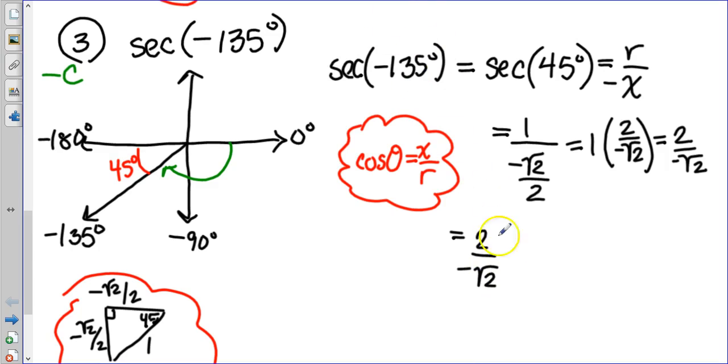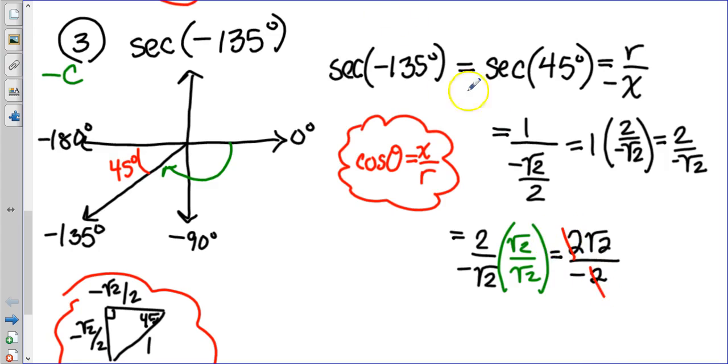So to rationalize, I will multiply by root 2 divided by root 2, which equals 2 root 2 divided by negative 2. My 2's cancel. That leaves negative root 2 as my final answer. So that finishes the guided practice examples.